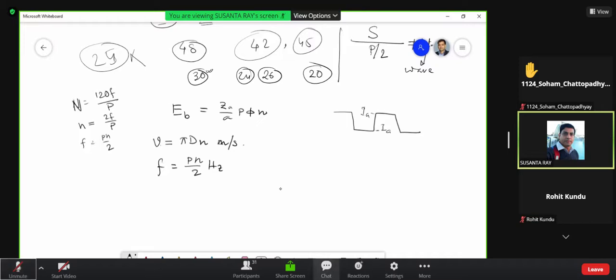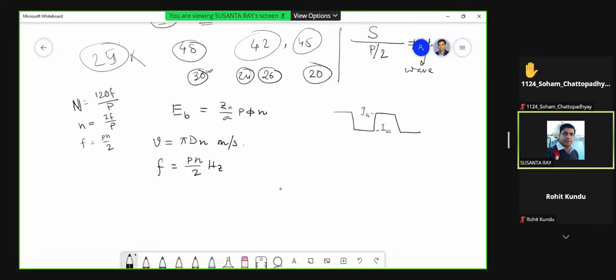Sir, here n is RPS or RPM? Small n we use for revolution per second only, and capital N we use for revolution per minute, RPM.